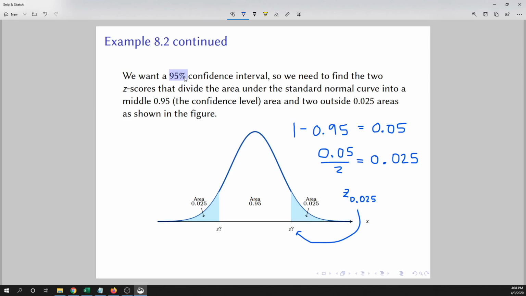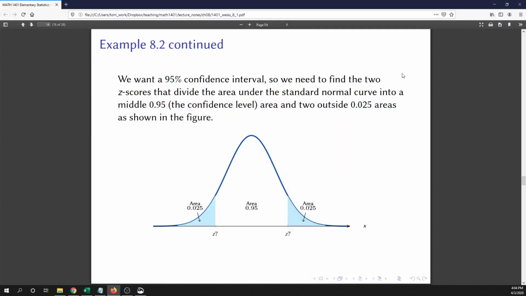If our confidence level was 90, we would do the same calculation, 1 minus 0.90, divide it by 2, and then look that up in table 2. That gives us this z-score here, and because of the symmetry of the normal curve, this z-score over here is the opposite of that one. I'm not going to do the lookup, but I'll tell you what you should get.